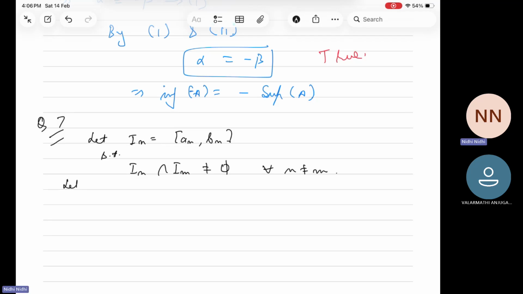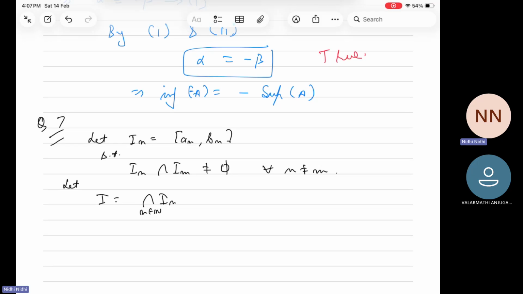Let I be the intersection of all these I_n, then which of the following is true? So basically we need to see whether this I will be non-empty or empty, or closed or not.